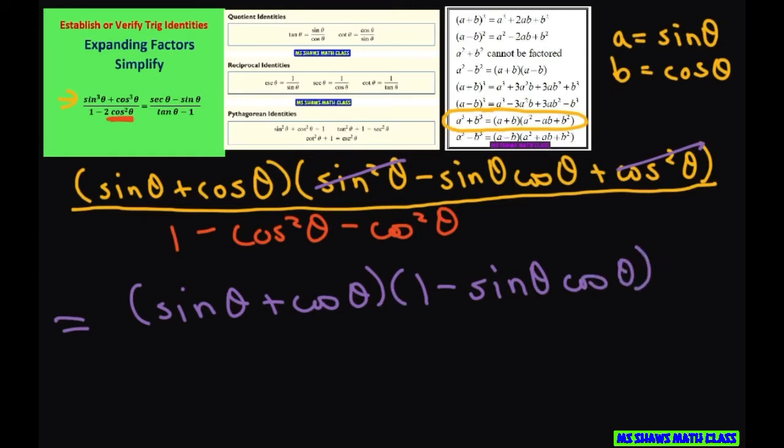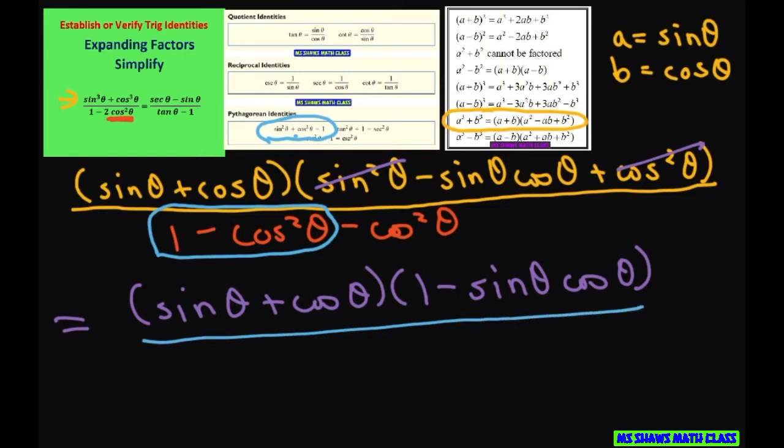And then my denominator, this right here is sine squared, because if you look at your Pythagorean identity, if you subtract cosine squared from both sides, you get that. So now my denominator is sine squared theta minus cosine squared of theta.